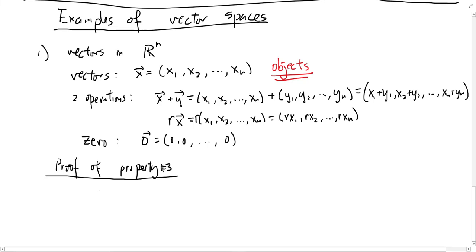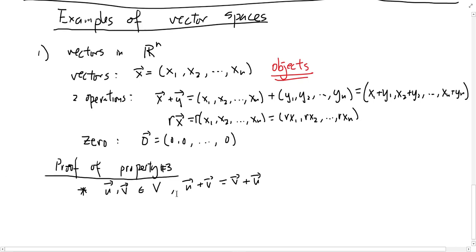We're going to start with the following. What we basically try to prove is this. We're trying to prove that if u and v are in our set V, vector u plus vector v is the same as vector v plus vector u. So let's start with the following. In our case, set V right here is basically vectors in Rn. And I have to define two vectors that are in Rn first.